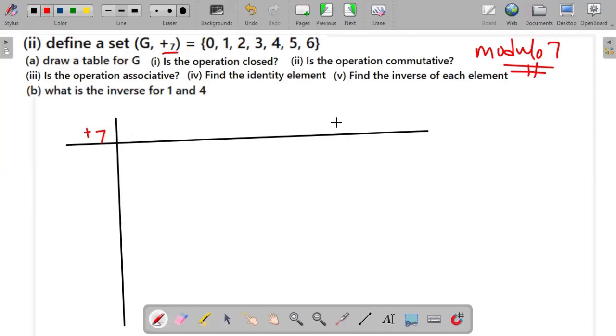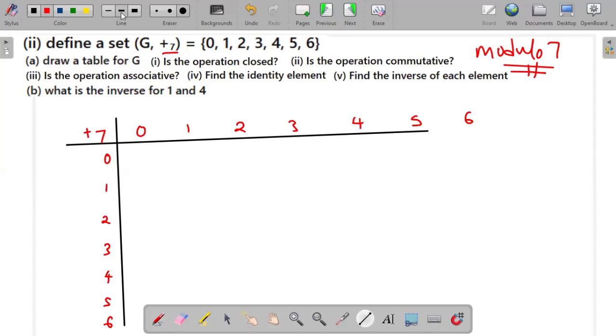And then here I'm going to put the elements that I can see in set G, and even here I'm going to put the same elements. So in set G, I can see 0, 1, 2, 3, 4, 5, 6. We're going to extend the table, and then here 0, 1, 2, 3, 4, 5, 6.